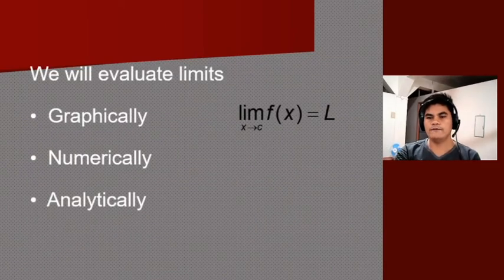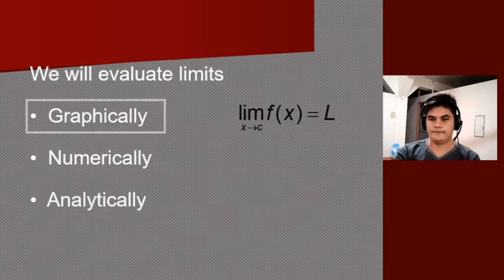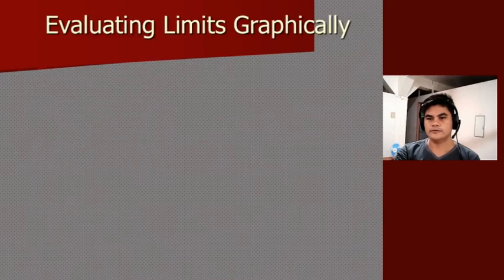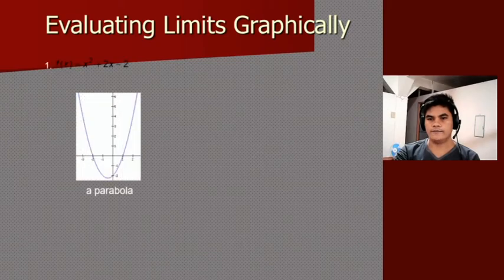Now, we're going to evaluate limits graphically. As you observe, we can determine limits using a graph. Look at this graph. This is a graph of a parabola, x squared plus 2x minus 2. Now, what do you think is the limit of this parabola as x approaches 2?